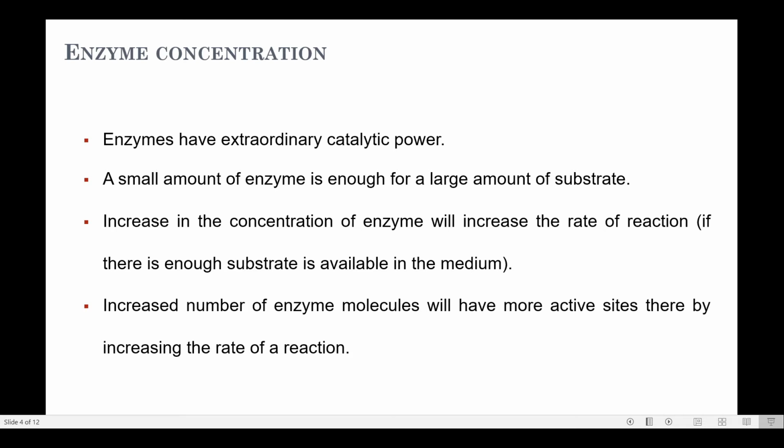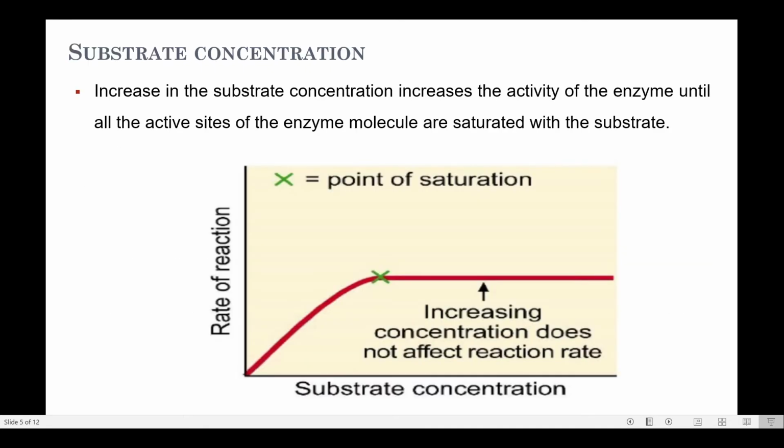Increase in the concentration of enzyme will increase the rate of reaction. If there is enough substrate and we maintain a constant pH and temperature, the rate of reaction will be directly proportional to the concentration of enzyme. An increased number of enzyme molecules will have more active sites, thereby increasing the rate of reaction.